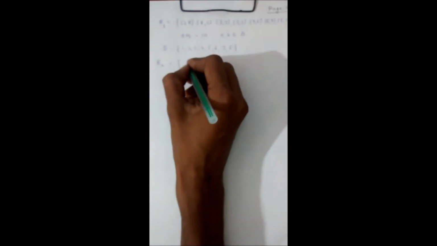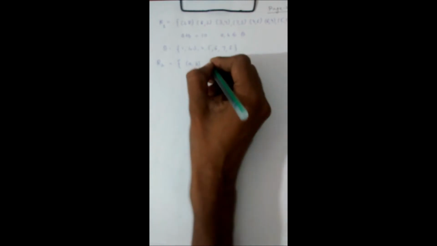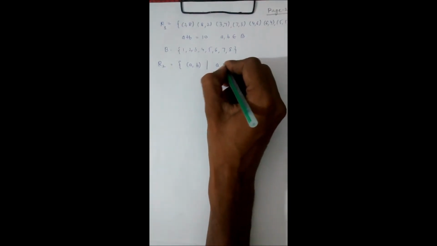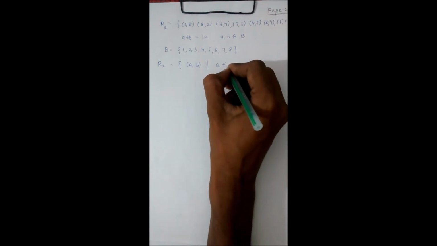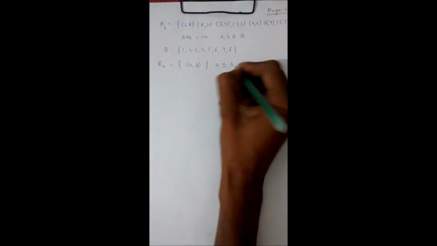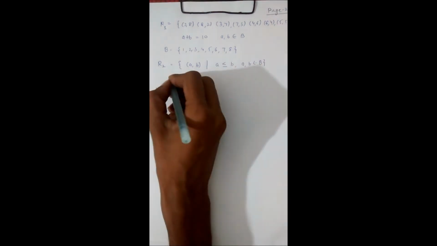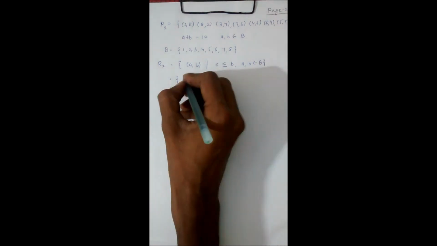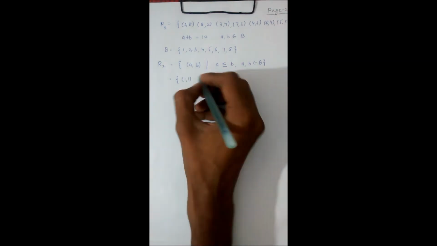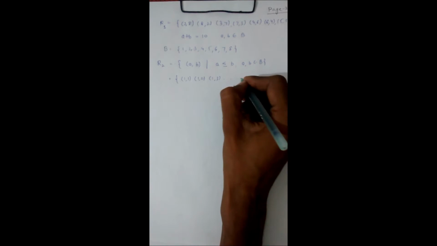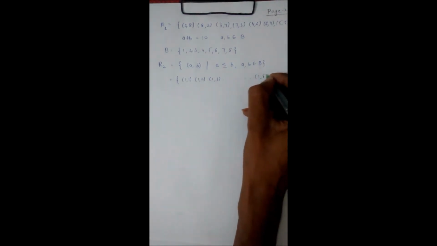R2, my relation 2, I define this as coordinate pairs (A, B) such that A is less than or equal to B, where both A and B belong to B. We can quickly find out the relation: (1, 1) is an element, (1, 2), (1, 3), (1, 4), (1, 5) up to (1, 8).